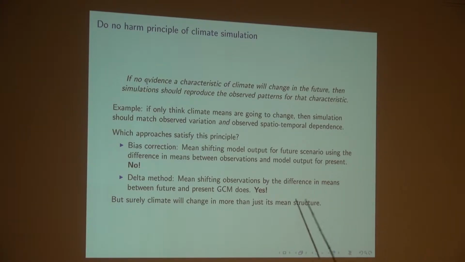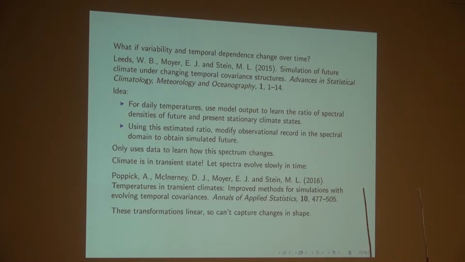Okay, but no one really thinks that it's only in the means where climate is going to change, and so we need something more complex than that. All right, so in my recent incarnation of my research, I first got involved in this problem several years ago, where we were thinking about, well, what about the variability and temporal dependence?